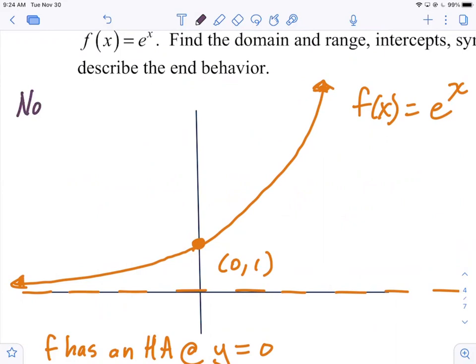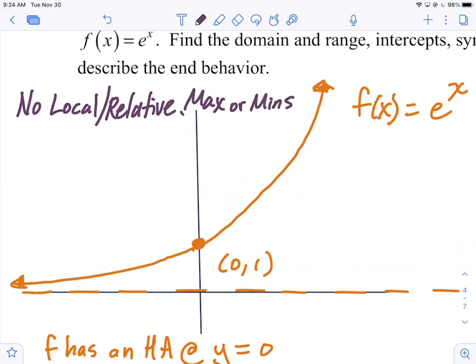So this one has no local, I'm going to put slash relative because those two words are interchangeable, max or mins. Max or mins combined is called extrema. In other words, it has no vertical turning points. It doesn't do vertical about faces. No vertices.